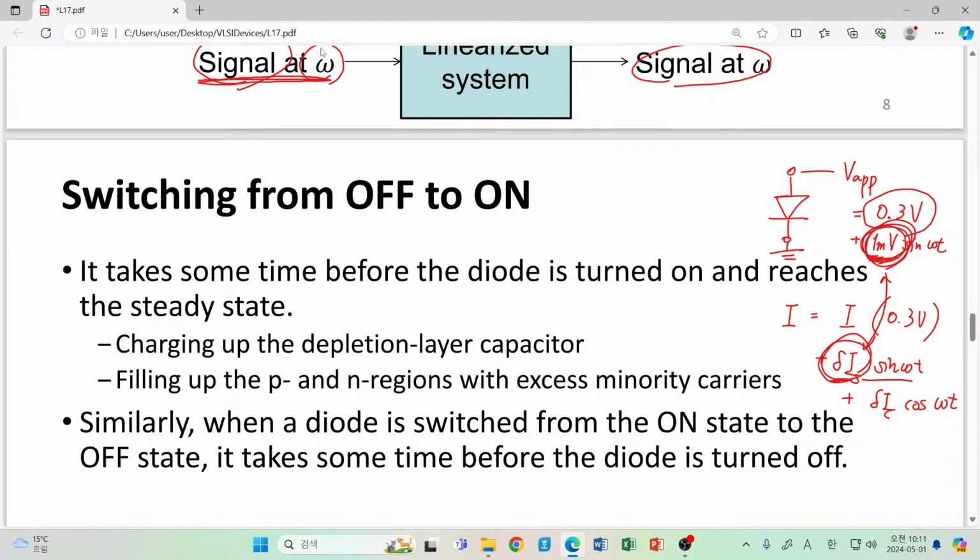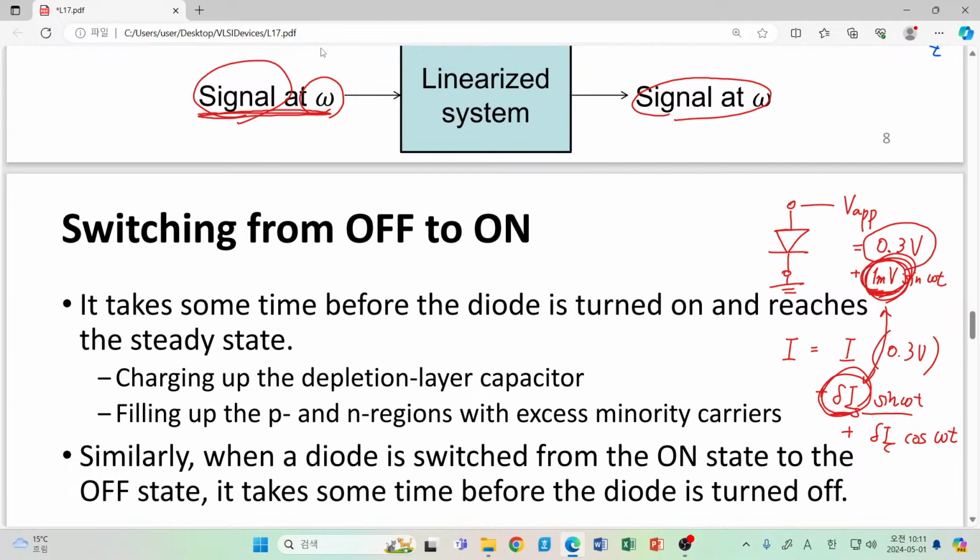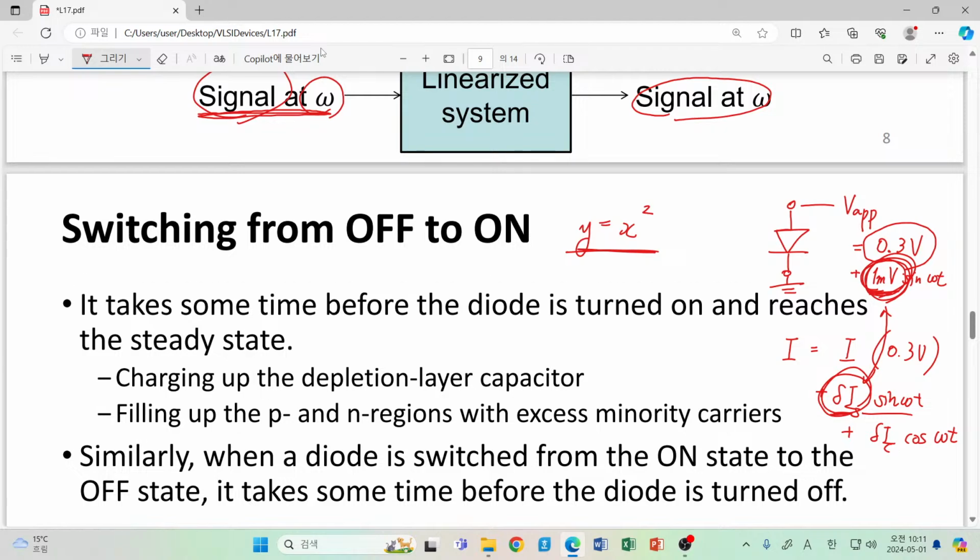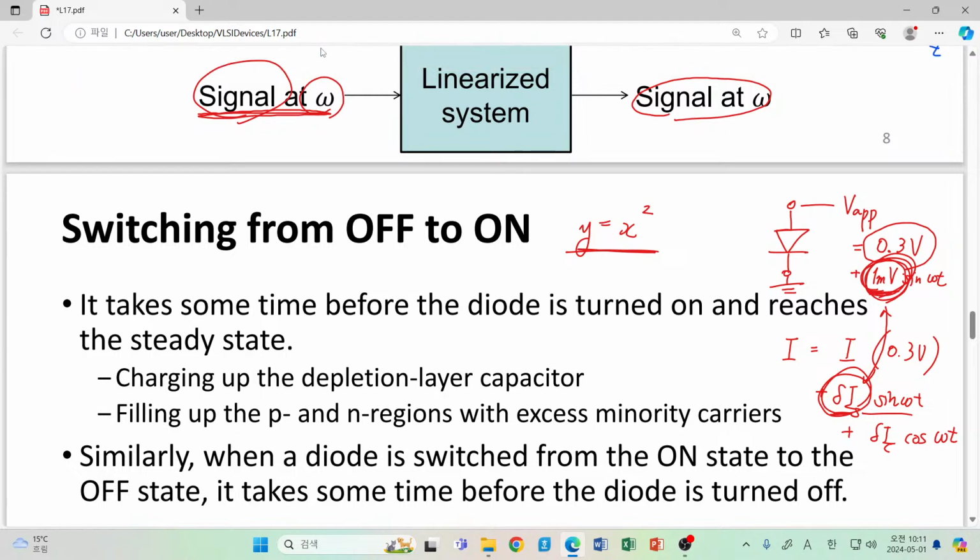Before finishing today's lecture, let's come back once again to our general case. Do you think that this one is linear or non-linear? Of course, this is non-linear. And now let's say that you have x equal to 1 plus 0.001 sine omega t.